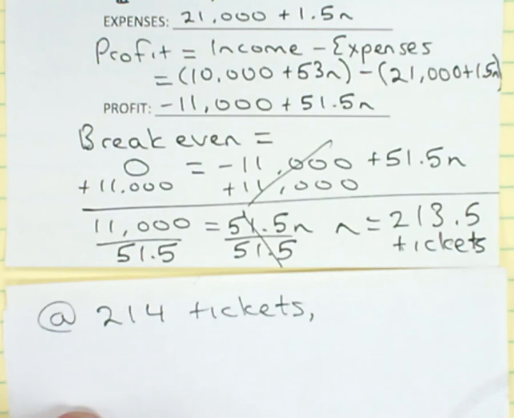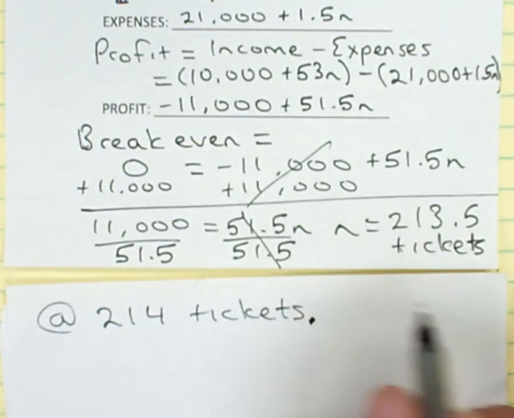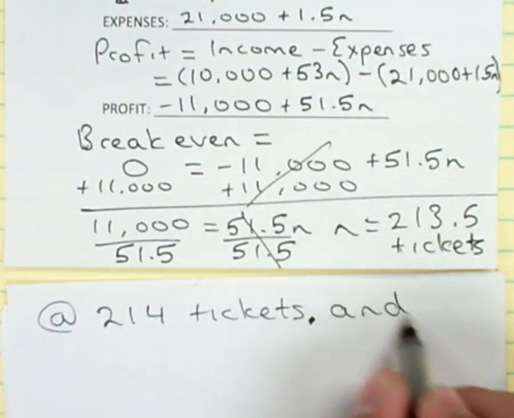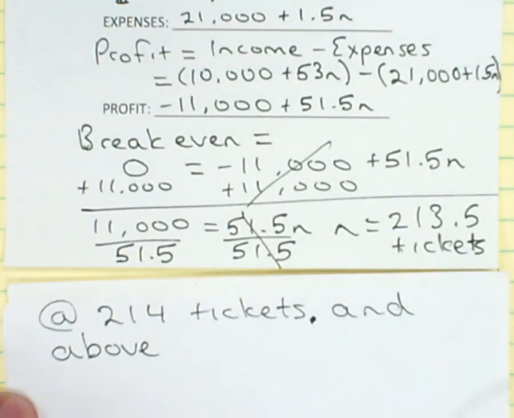My profit equals 0 at 213. So let me phrase it this way. At 214 tickets and above, what do I know about my profit? It'll be positive. We'll be making money.